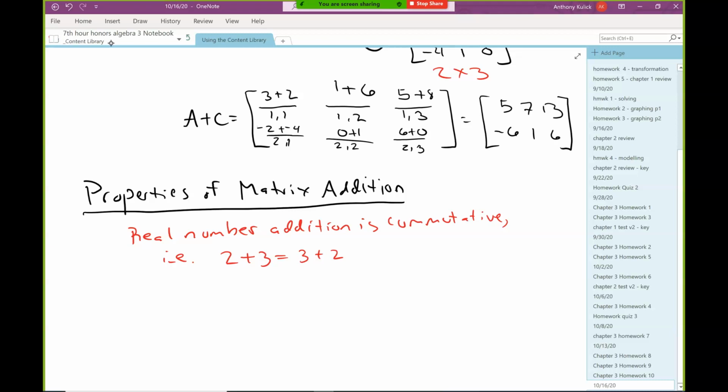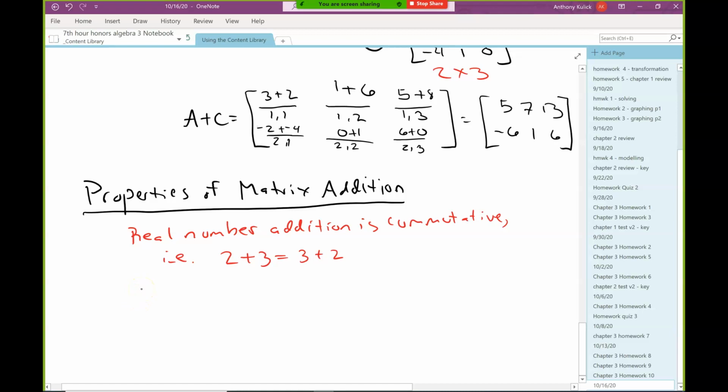So how would we change our statement for commutativity for matrices so that it is true? Very good, yes.